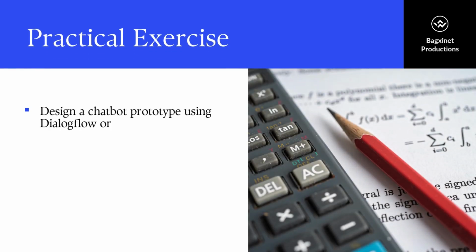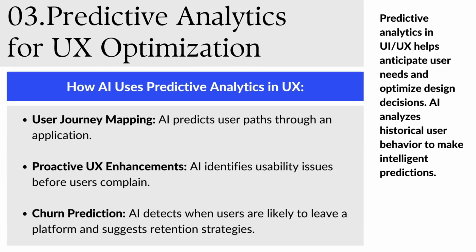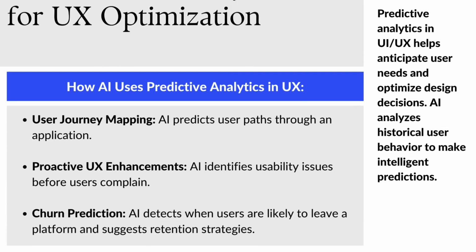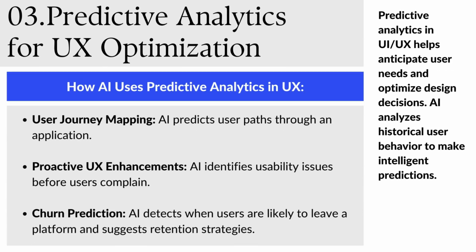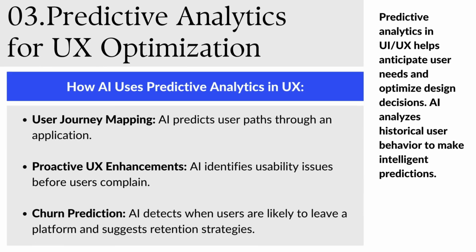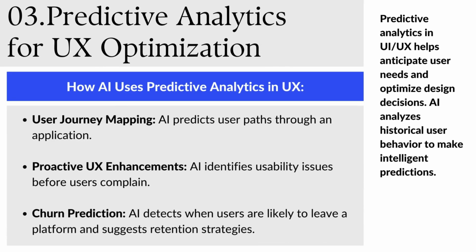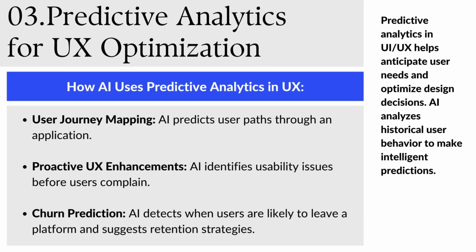So guys, it is time to move over to the next item on our agenda, which is predictive analytics for UX optimization. At this stage, it is important to understand that predictive analytics in UI and UX helps to anticipate user needs and also optimize design decisions.